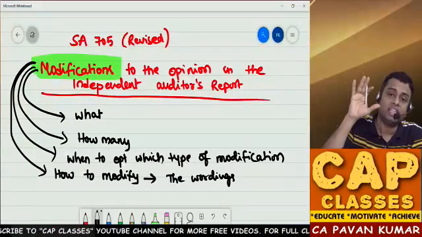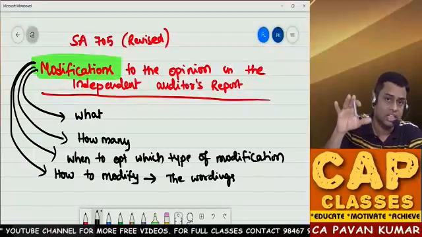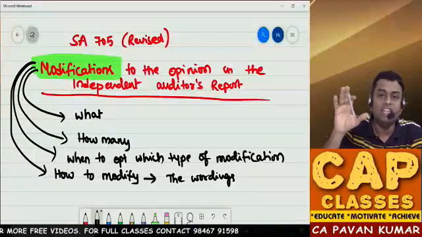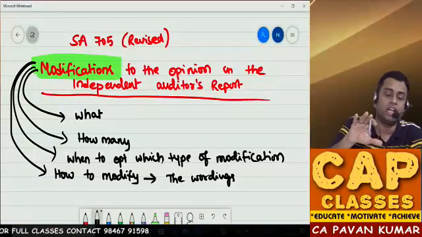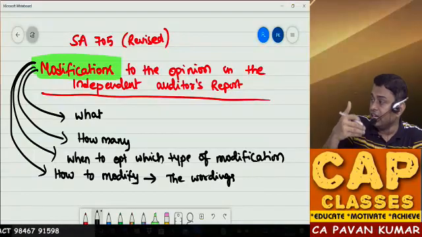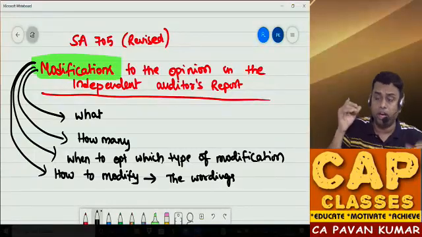But as far as CA Intermediate and CA IPCC is concerned, whether old syllabus or new syllabus, it will be theoretical. Framing the audit report paragraph is not yet tested. So you need to know which type of modification is to be done in which type of situation. That is the third part. And the fourth part is how to modify the wordings.